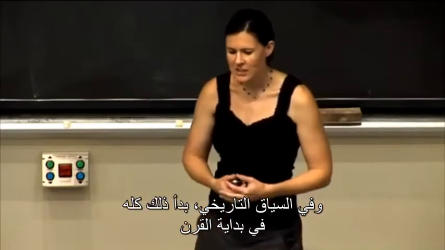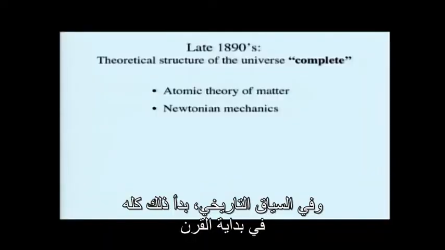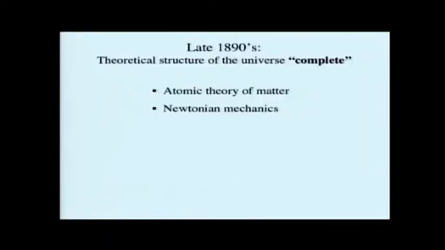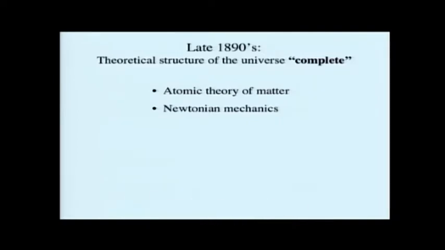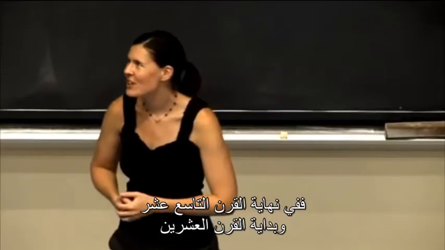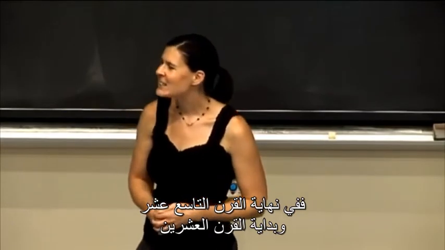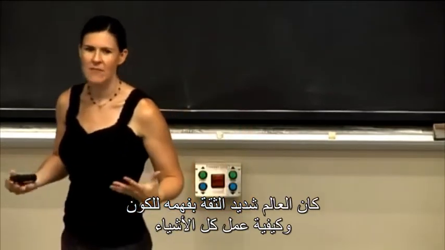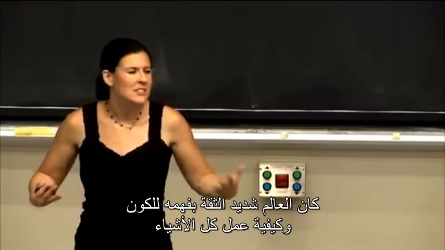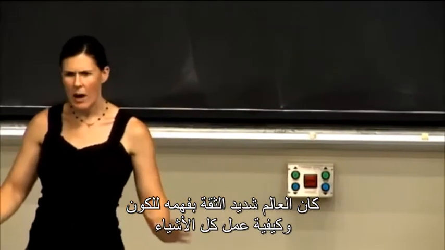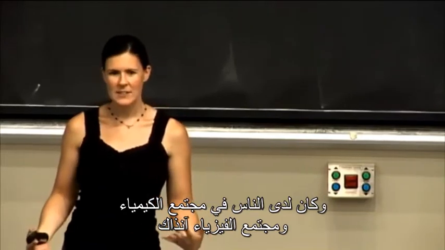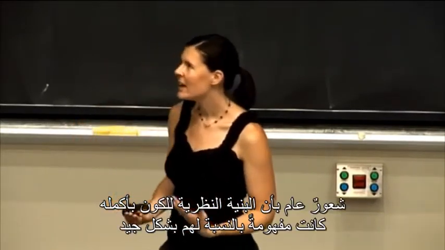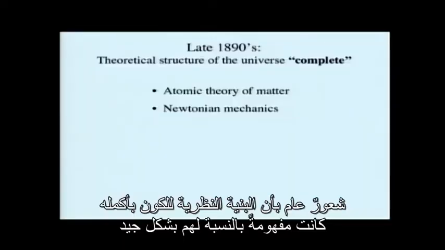So this all starts, putting it in its historical context, at the turn of the century. We said we'd start right in on the 20th century of where chemistry was. And where we were at the start of the 20th century, in the late 1890s, is that we were at a place where there was great confidence in our understanding of the universe and how all matter worked. People in the chemistry community and in the physics community had this general feeling that the theoretical structure of the entire universe was pretty well understood.